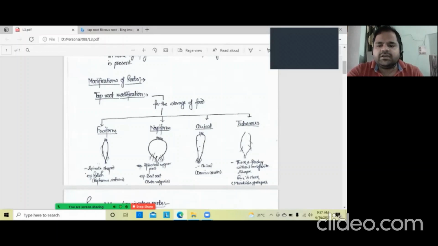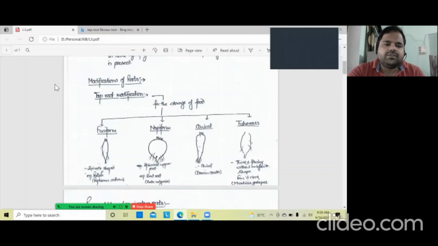There are a total of 4 types of modifications for the storage of food. These taproots modify in some plants as per their origin. These 4 types of taproot modification for the storage of food are fusiform, napiform, conical, and tuberous.